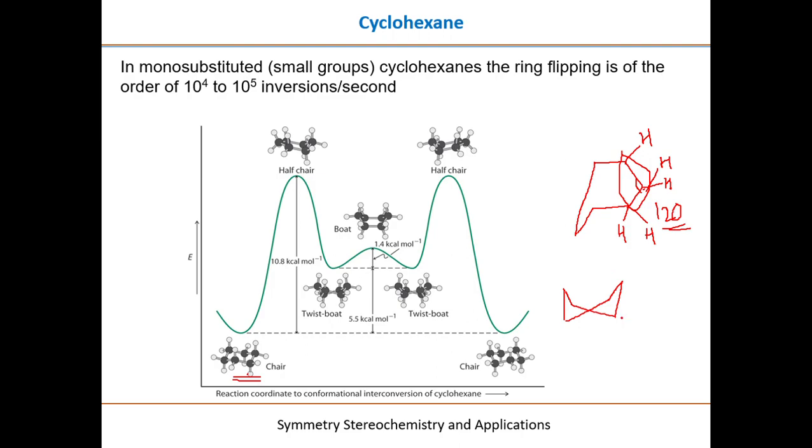And because it's a twist boat, these two hydrogens are also not interacting. That's why we have less steric hindrance and torsional strain. Steric strain and torsional strain are low here. Now let's talk about the boat form.